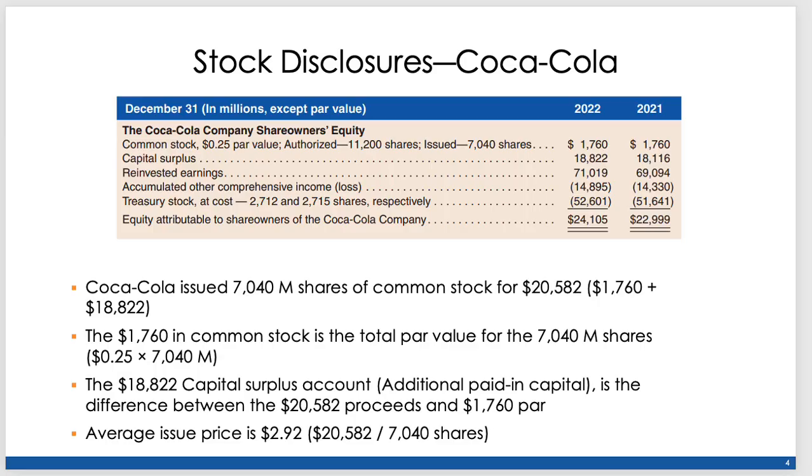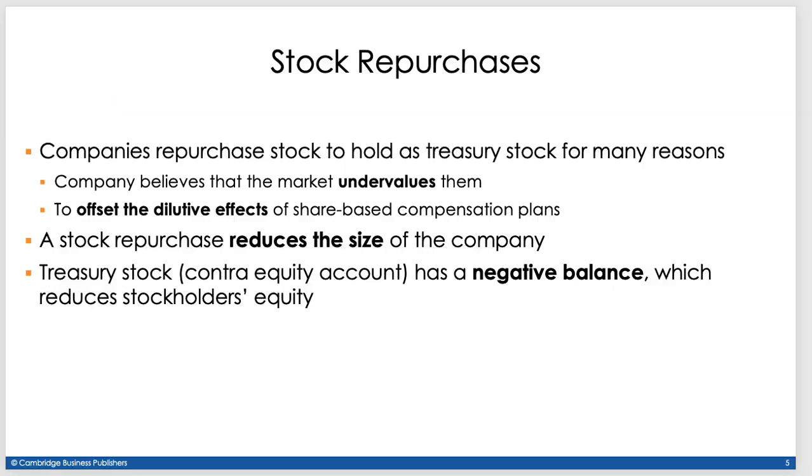The 18,822 is in the contributed capital account, right, of APIC, which therefore is represented here as capital surplus. At least that's how it's stated by Coca-Cola, right? And so the average issue price, you can see there, right? If you take the total value of common stock, divide that by the number of shares outstanding, that's how you get the average issue price of $2.92, despite the fact that we have a 25-cent par value.